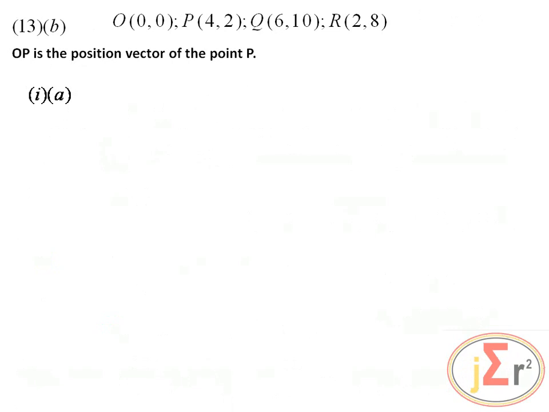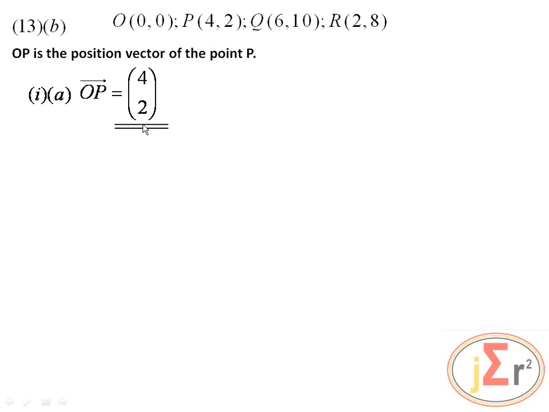OP is the position vector of the point P. Since we are talking about the vector OP, we know that it is a position vector of P, a vector that goes from the origin to P, and that may be determined by writing the coordinates of P in column form.